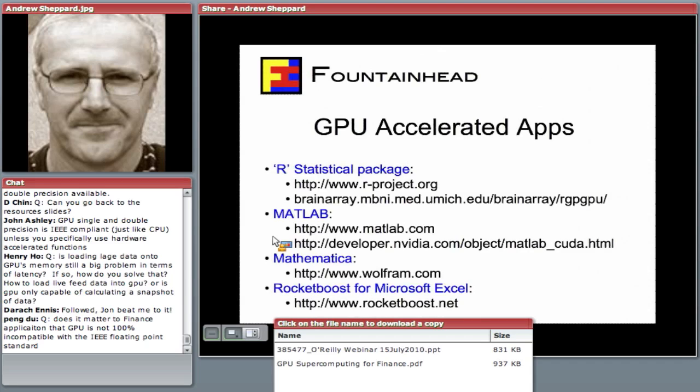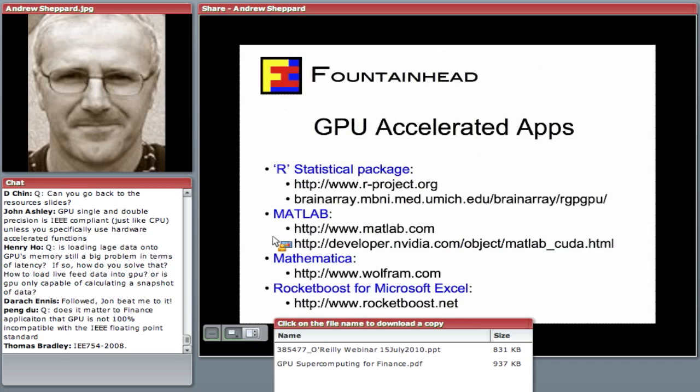Compute capability is basically just a numerical handle that tells you what its computational abilities are. From compute capability 1.3 and above, it has double precision, so it now has the same precision as a regular CPU. It used to be only single precision floating point, but now it has IEEE double precision. It doesn't run quite as fast as single precision.